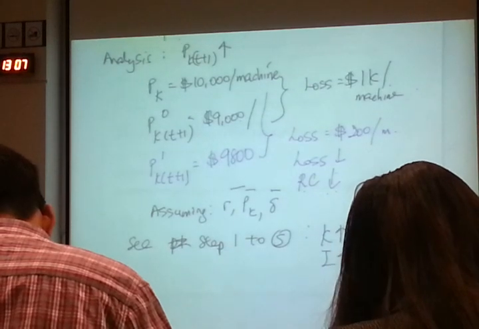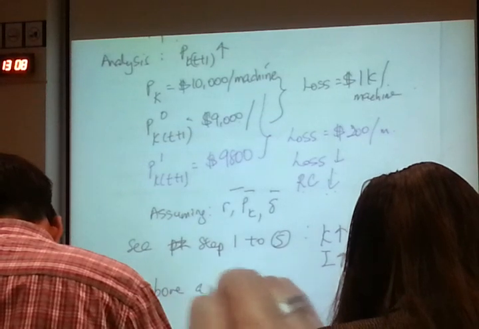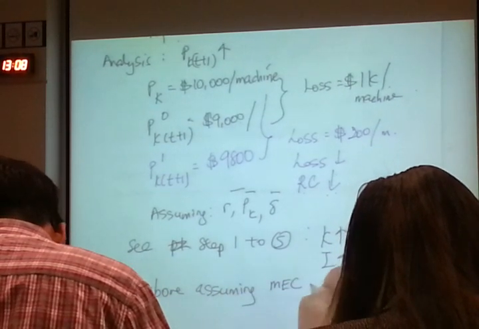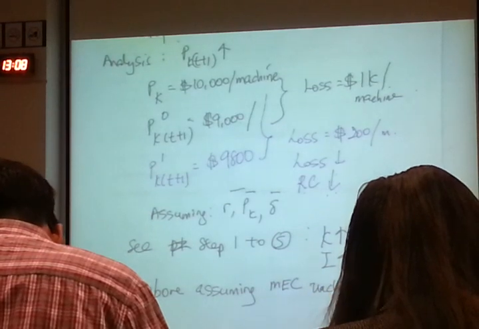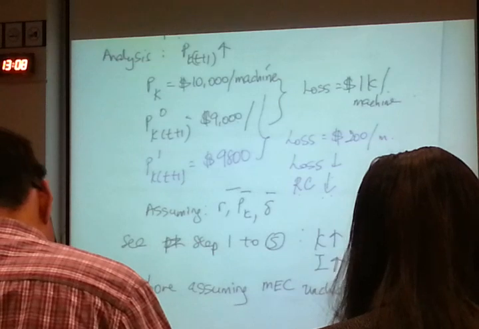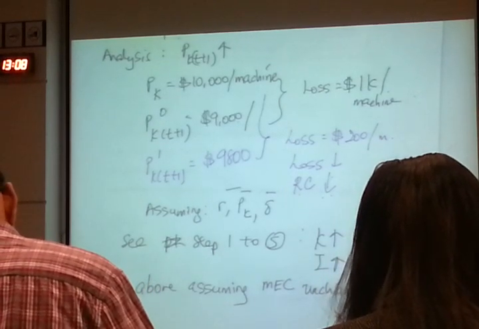The entire discussion, alright, assumes MEC is unchanged. You are using one set of MEC curve. Right, you're traveling on the same MEC, but the MEC can also go up and down.